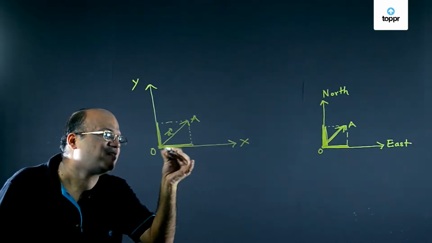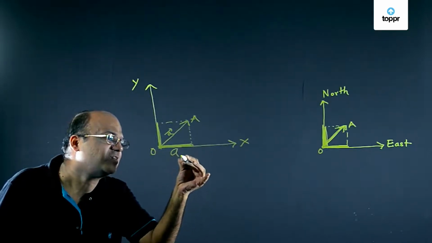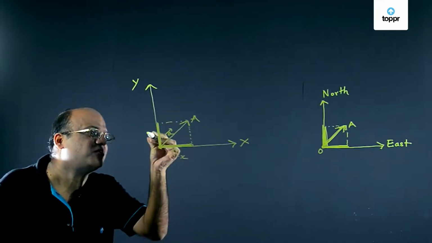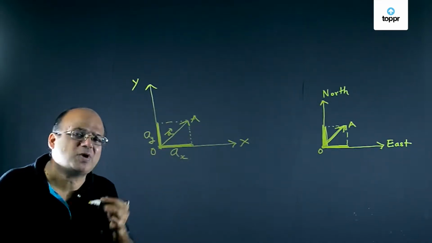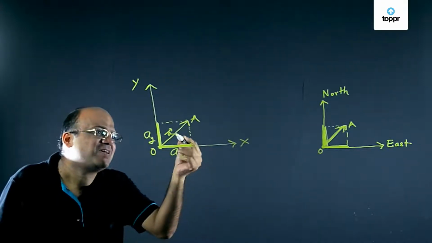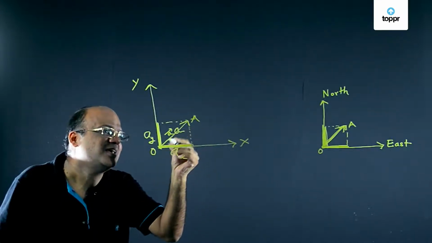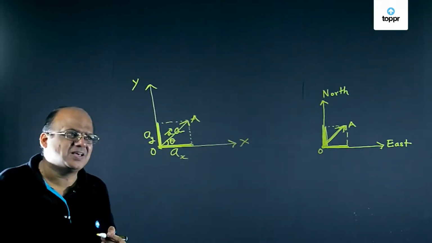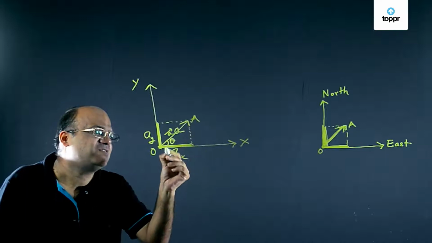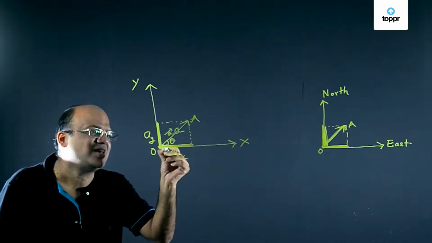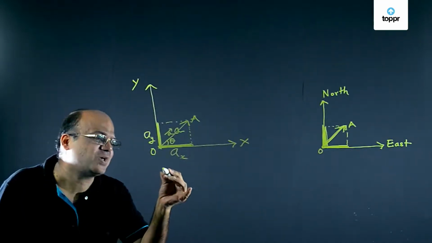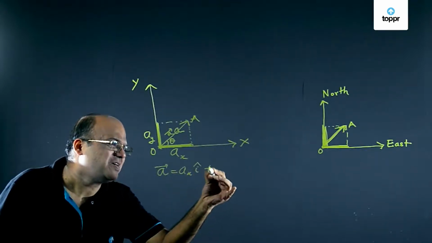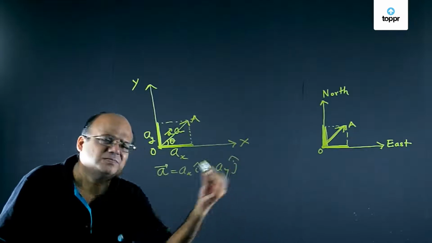This is called x component of A vector, A subscript x, and this is called y component of A vector, A subscript y. This is A vector having a magnitude of A. Let us say it makes an angle of theta with the x-axis. This A vector is equivalent to Ax along x-axis, Ay along y-axis. So we can say A vector is Ax i cap plus Ay j cap.